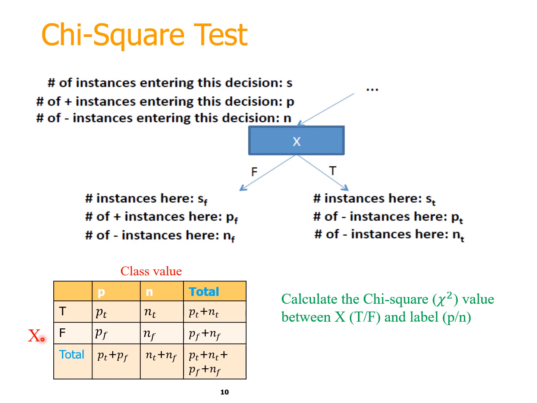Again, if it turns out that this X is independent of class value, then you simply ignore this, and you stop here. You simply put class label here. And if these two are dependent, not independent, then you go ahead and add an X attribute here, and keep going. That's the idea of chi-square test in pre-pruning.